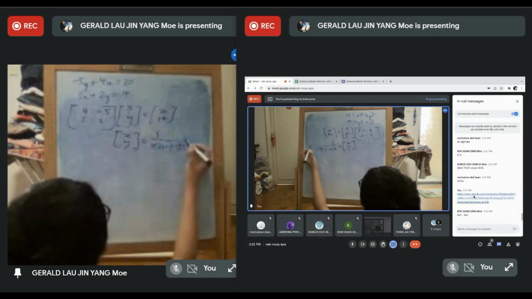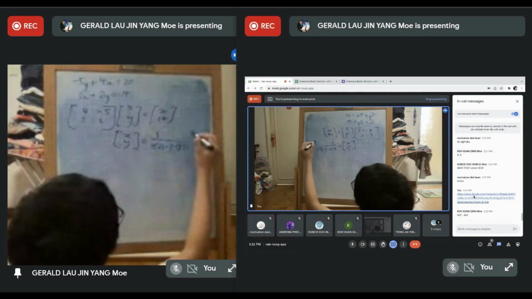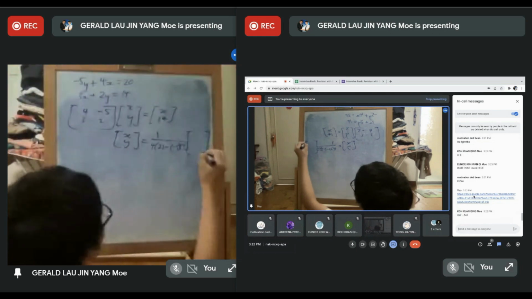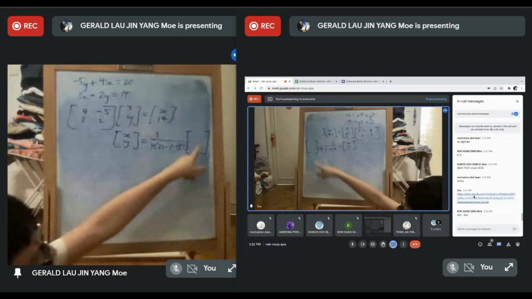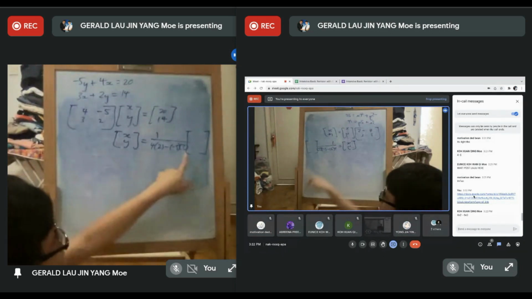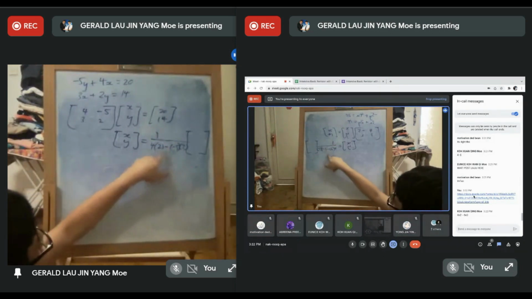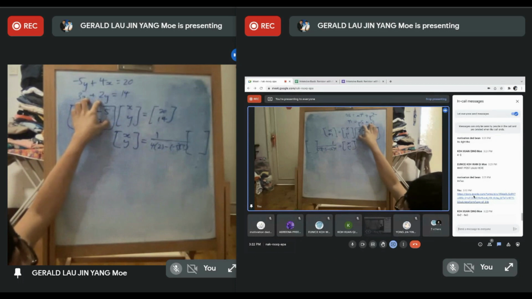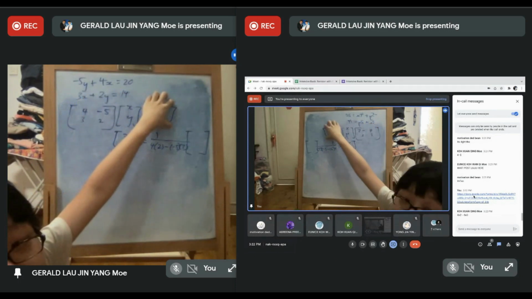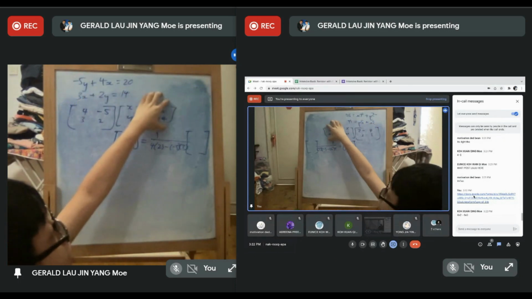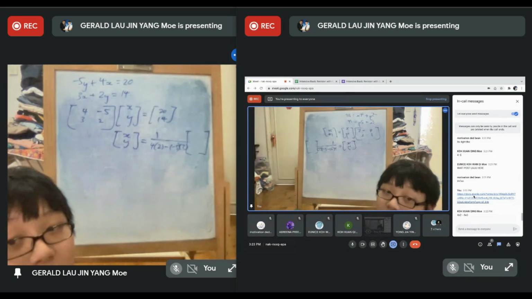Good, changing, good. And then, okay, here how? The matrix next to it. Remember, once you write the 1 over determinant, you must remember to write this. You don't straight away go and write this, later you get careless, then do everything wrong already.